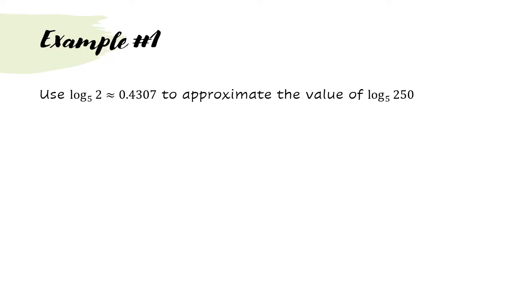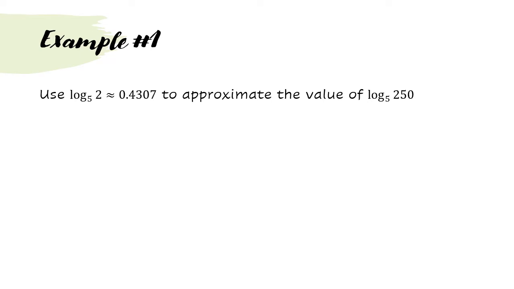Alrighty. So some types of problems that we'll look at use some given information. Here we are looking at log base 5 of 2, and we're given that it is approximately 0.4307. Now we want to use that information to approximate the value of log base 5 of 250.